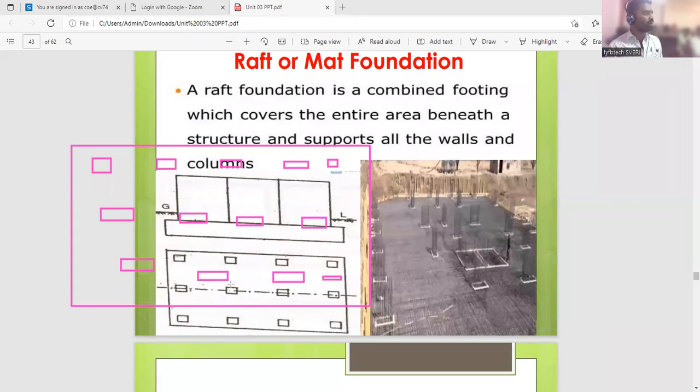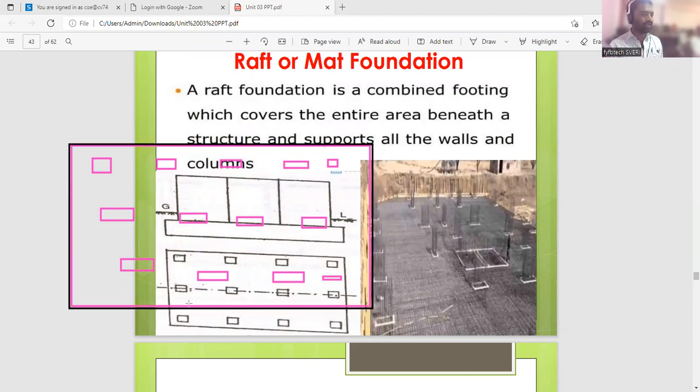So what they will do is excavate from this point to this point, from start to end. They will excavate the full area and place the entire reinforcement cage. Afterwards they will place the columns, and this is called mat. The foundation is called mat foundation.